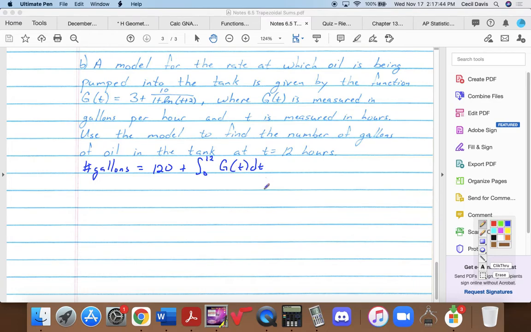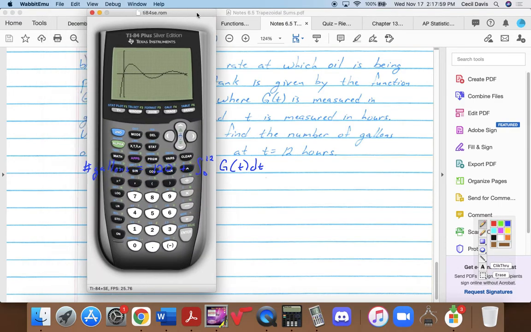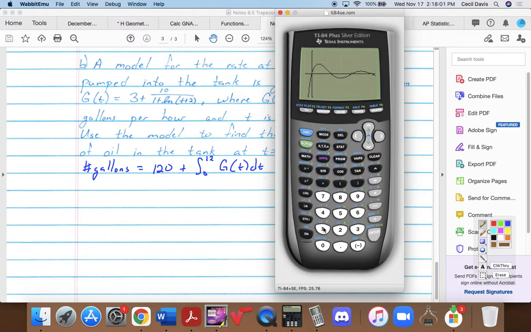Okay? And I guess it should say, no, we're using the model. So the model says it's equal. So I'm just going to grab my calculator from there. Clear that away, 120 plus, and I encourage you to go ahead and do the 120 plus the integral instead of doing the integral and then having to remember to do the 120 at the end of the problem.